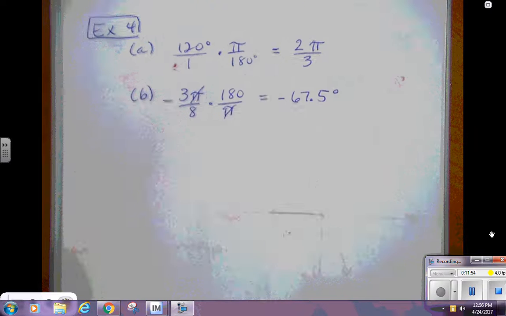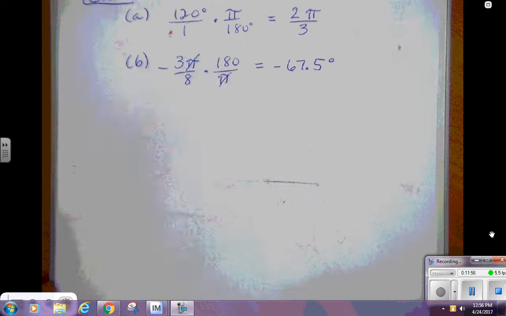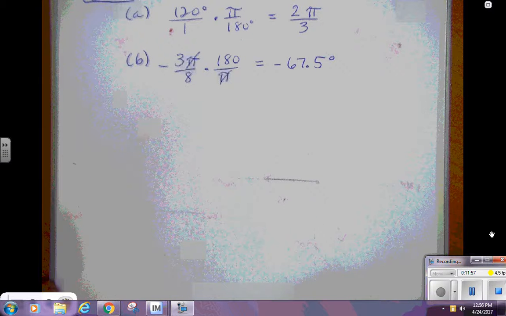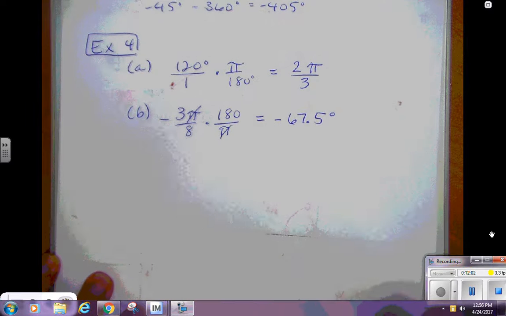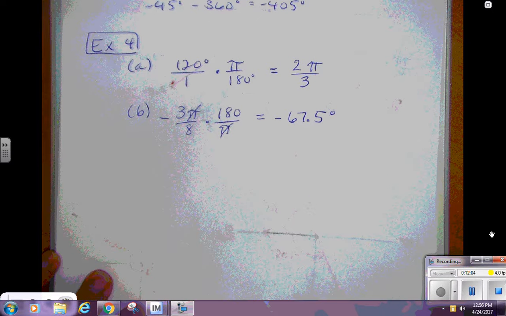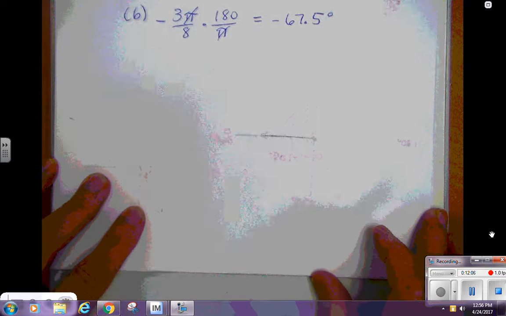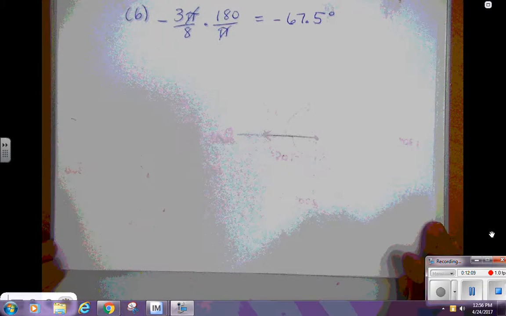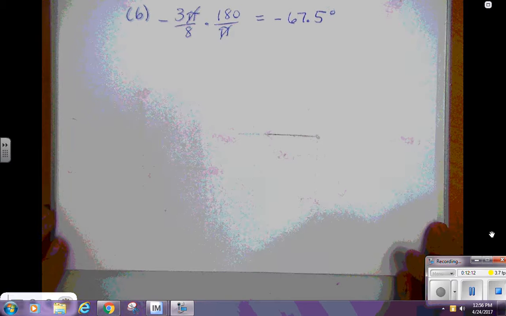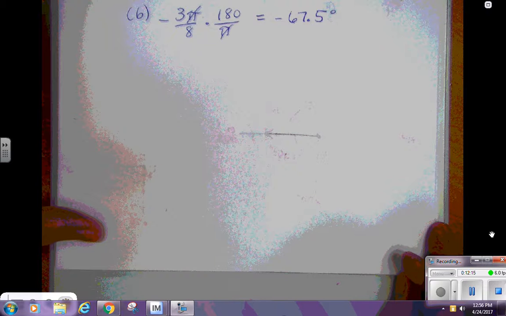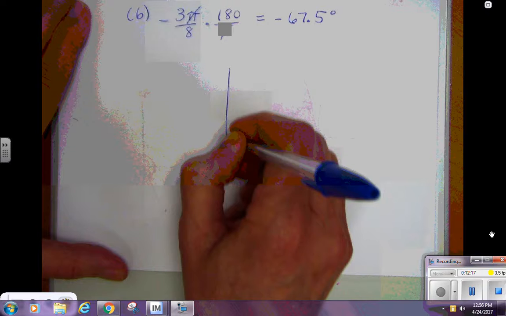Okay, so we're going to talk about the unit circle here just a little bit, because you're going to be needing to know how to convert back and forth from degrees to radians. So we're going to go over the most common angles that they use. You might want to add this at the bottom of your notes where you have a lot of room, but just start out with the coordinate plane.